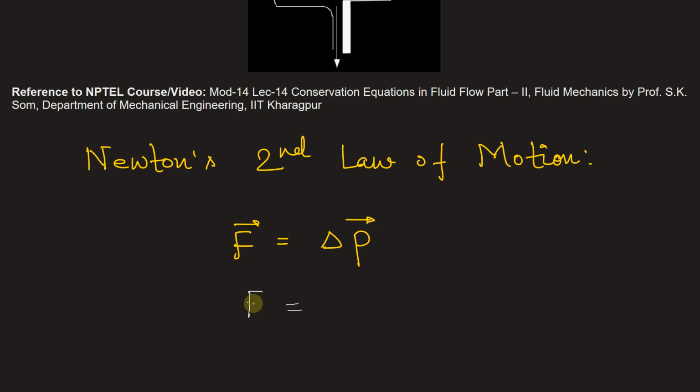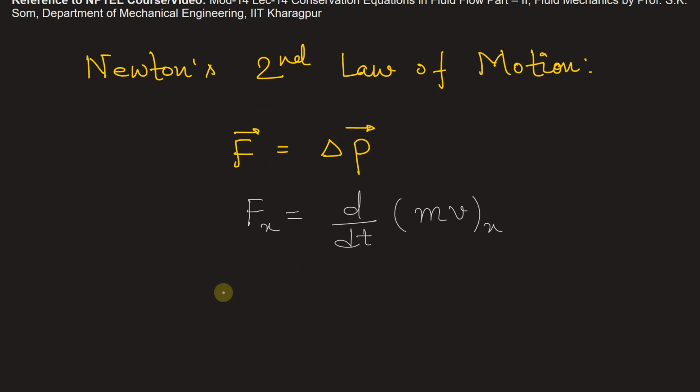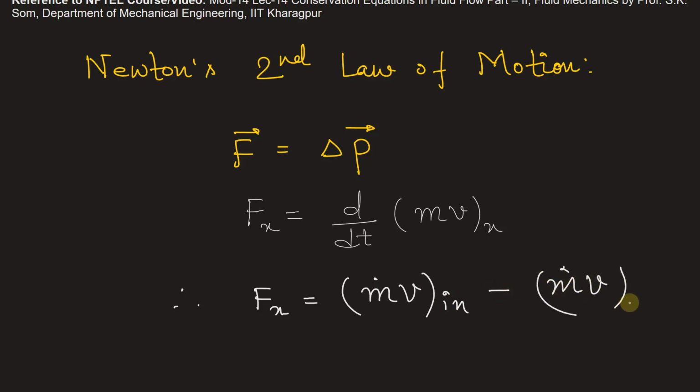So let's write here Fx is equal to change in momentum in x direction, that will be d by dt of mvx. Therefore, force in x direction will be equal to mass flow rate into velocity in minus mass flow rate into velocity out.